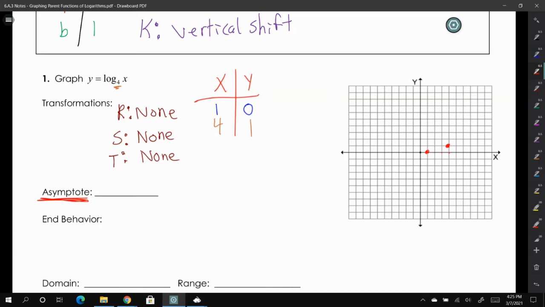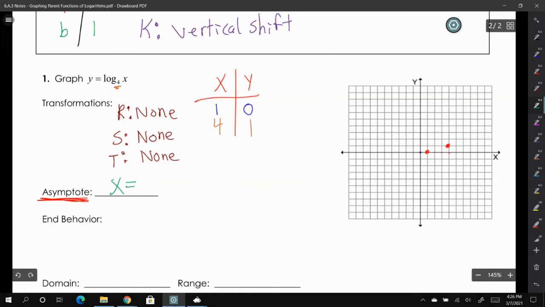So in the exponential functions, our asymptote was horizontal and the equation was y equals a number. Well, if we're switching x and y, then it should make sense that our asymptote in logarithmic functions is going to be x equals a number, and it's going to be a vertical line. In exponential functions, we had a horizontal asymptote, and the equation was y equals a number. In logarithmic functions, we're going to have a vertical asymptote, and x equals a number.